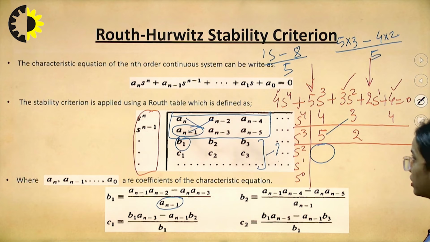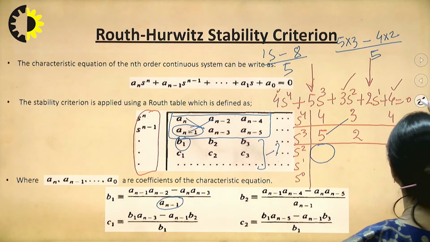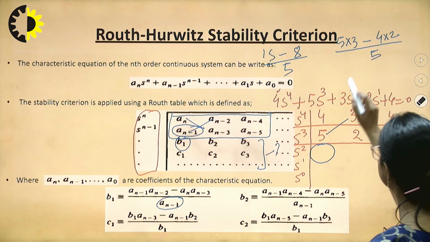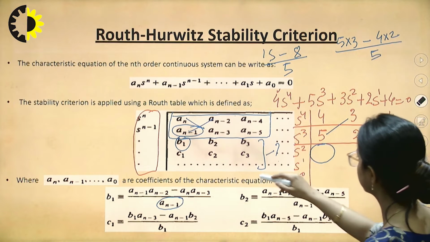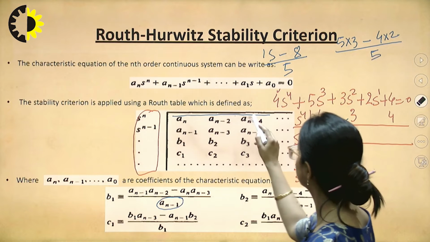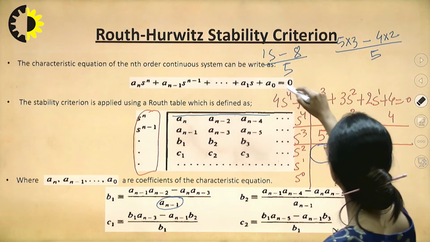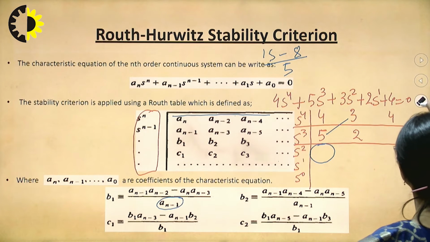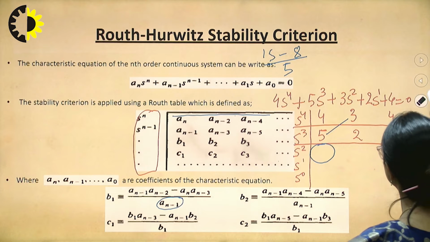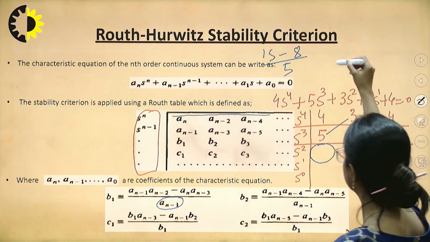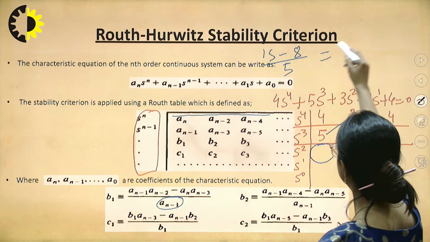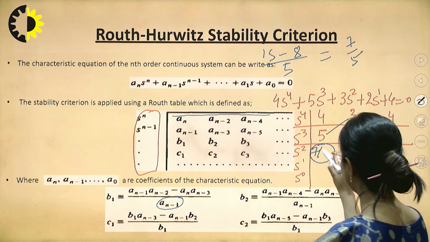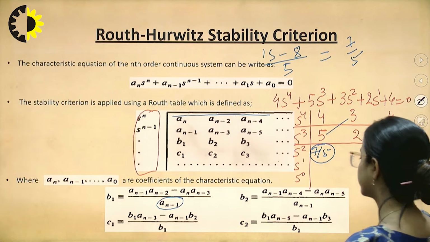Another term, let's calculate, and let me erase the remaining portions. Then here I can write 7 by 5. Now another term.